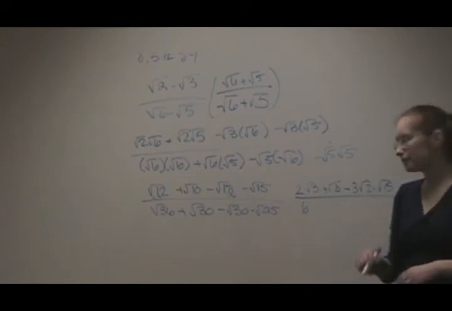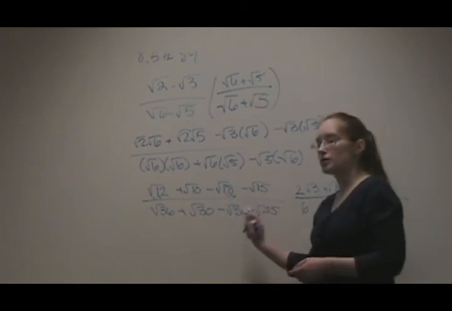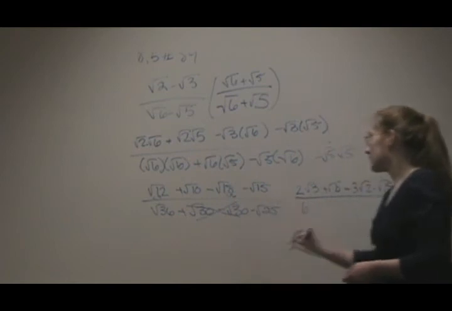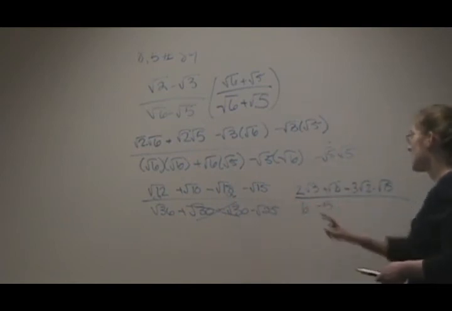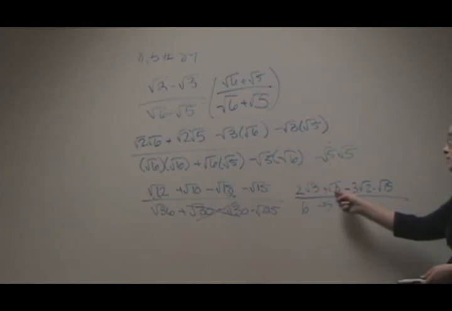Just like it doesn't work when we're working with like terms and variables. But here we have the square root of 30 and the square root of 30. These are the same, they're like terms, so we can cancel them out. This last one, the square root of 25, is 5. Now, looking at this numerator, do we have any like terms? We have the square root of 3, the square root of 10, the square root of 2, the square root of 15.